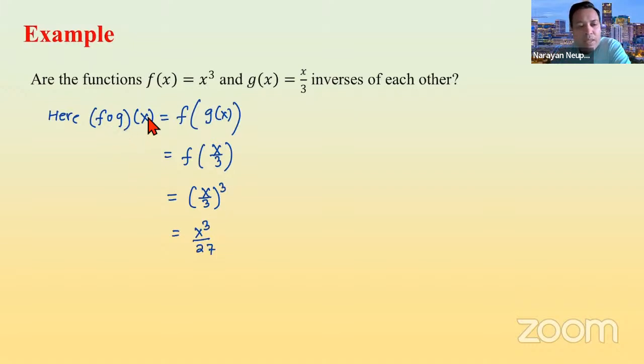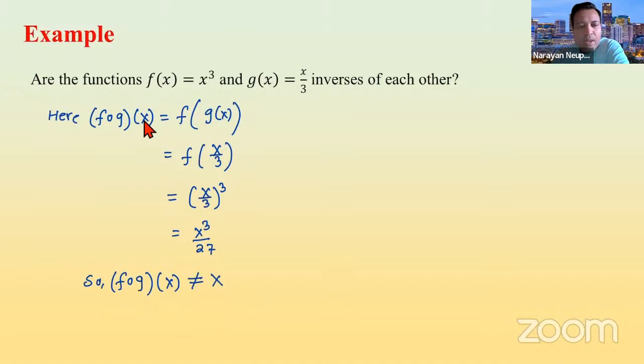So when you see this one, when you try to find f of g of x, this is not x. So you don't have to find the second one, right? So the meaning of that is your composition f of g of x is not equal to x. If they are inverse of each other, it must be equal to x.